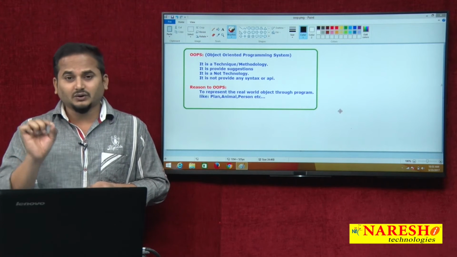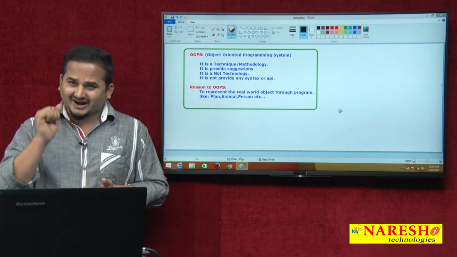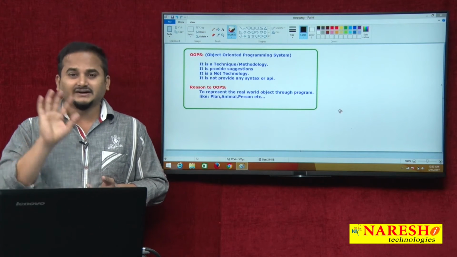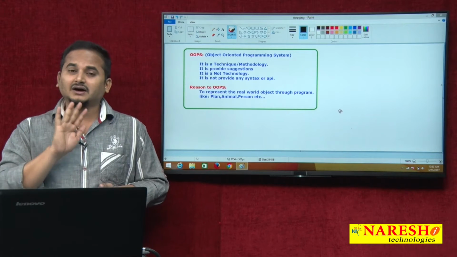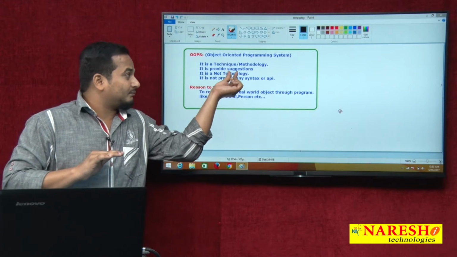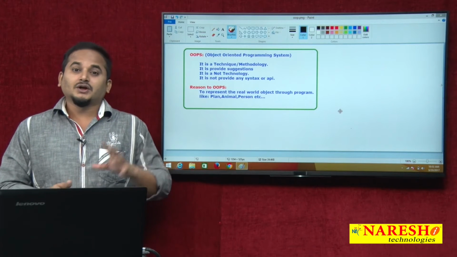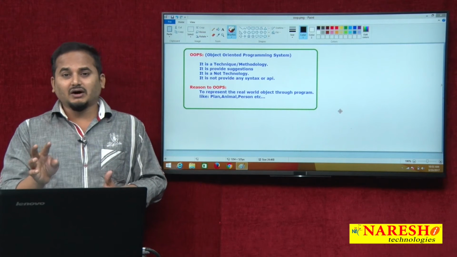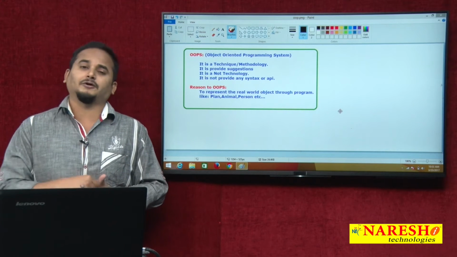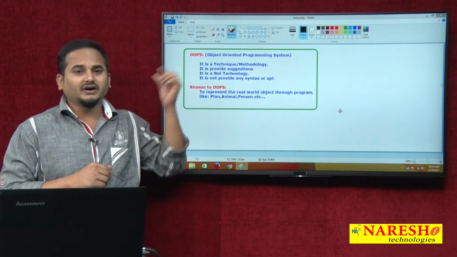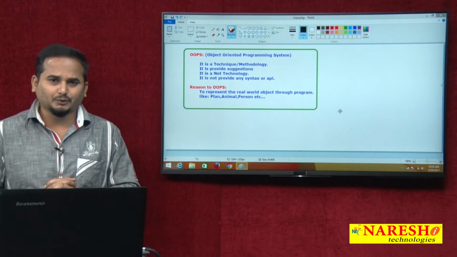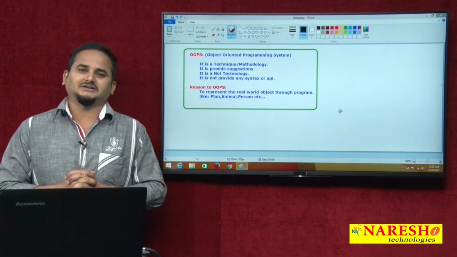What is the use of it? It is a technique. It is providing suggestions, but it is not a technology. If you want to represent any object in the format of technology, we require object oriented programming system principles.